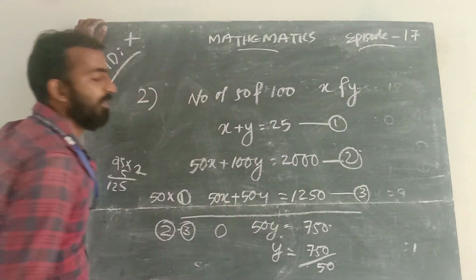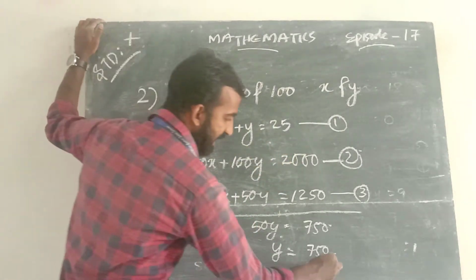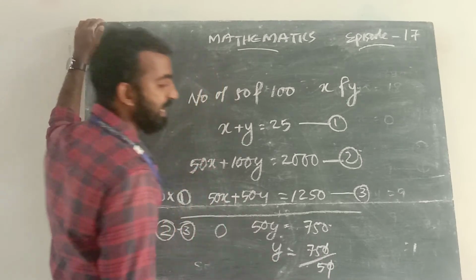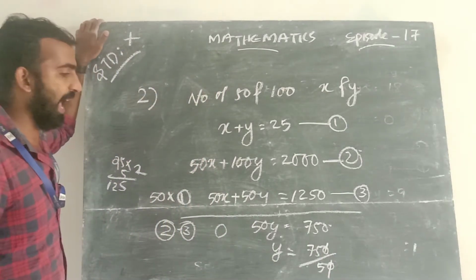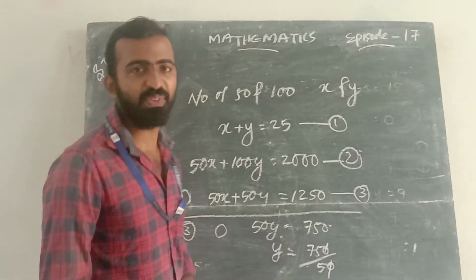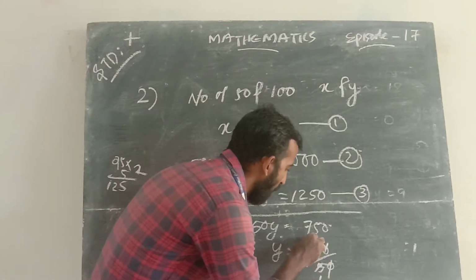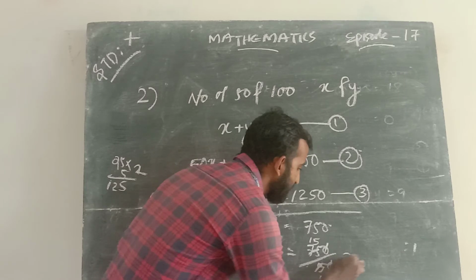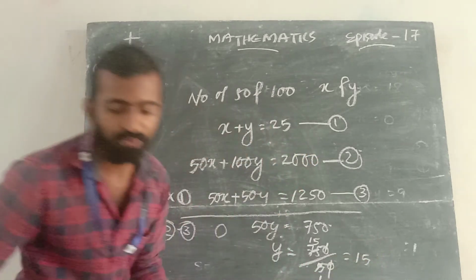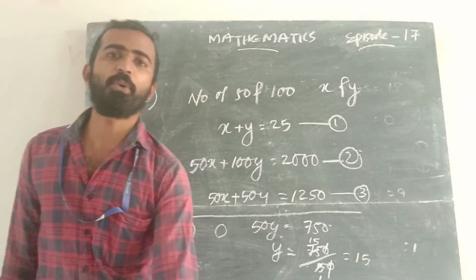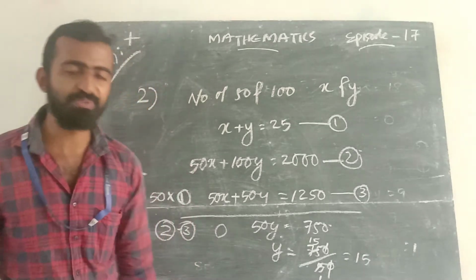That means y equal to 750 by 50. We can cancel the zeros, and simplifying 75 by 5, we get 15. So y is 50.